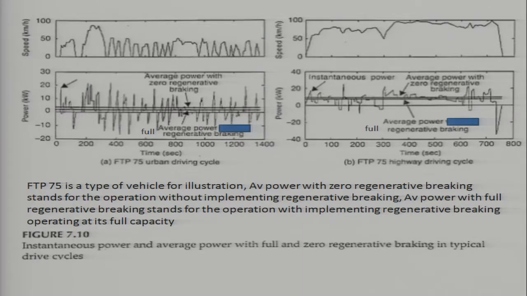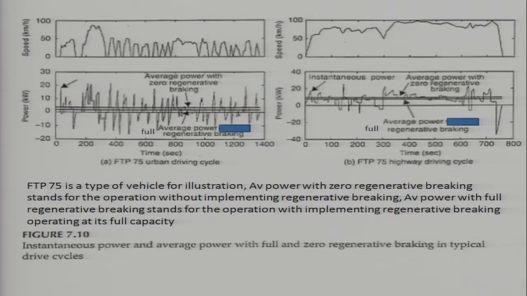Again in the highway driving cycle, you can see the vehicle is not frequently going to brake. Here this is the instantaneous power, and hardly does it go negative, it goes mostly in the positive direction.